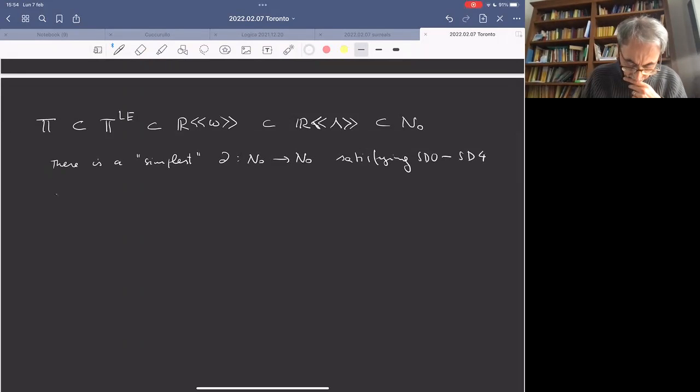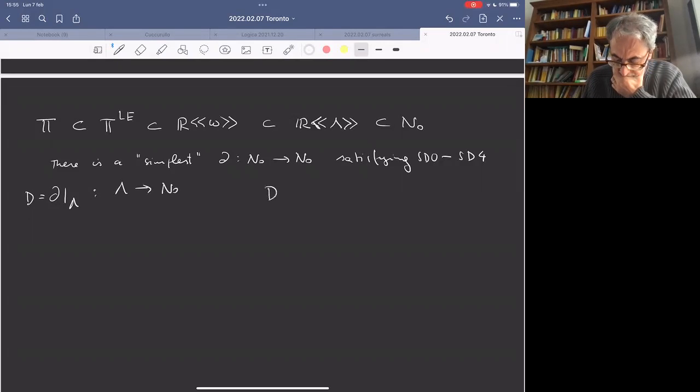And the restriction of this derivation to lambda is given by the formula that Vincenzo explained. Its restriction to lambda is given by the derivative of lambda equal, what was it? It was an infinite product.